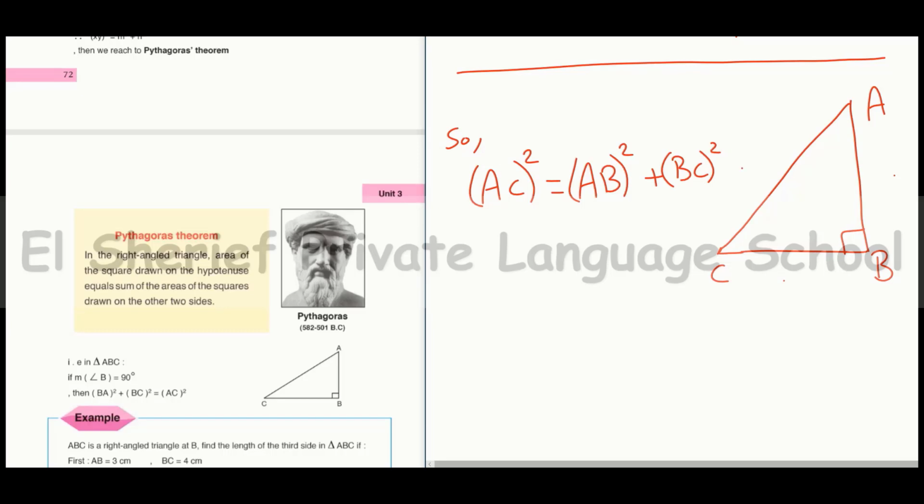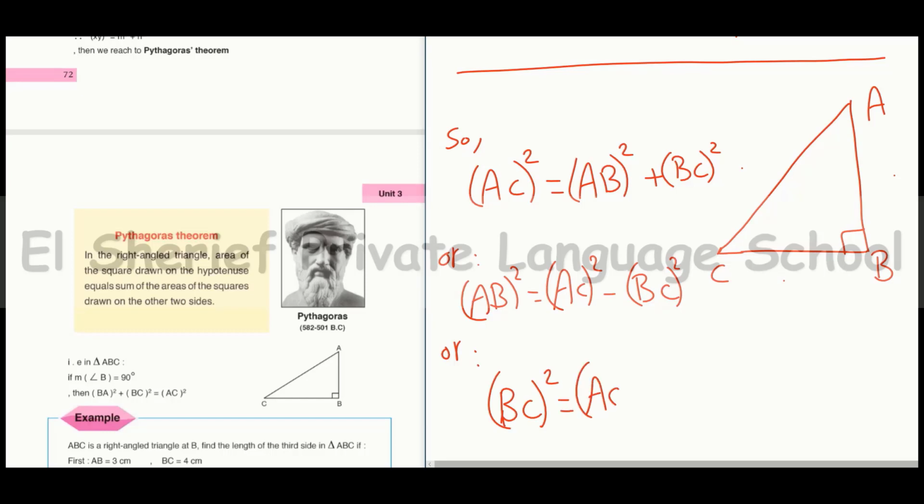If we want to find the side AB of the right angle, it becomes AB power 2 equals AC power 2 minus BC power 2. Or, for the other side of the right angle, BC power 2 equals AC power 2 minus AB power 2.